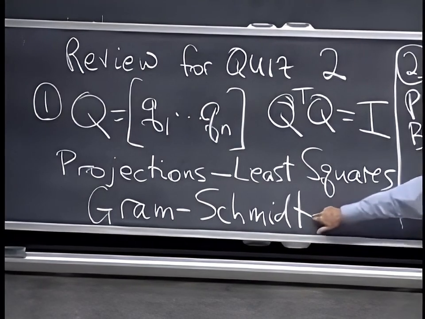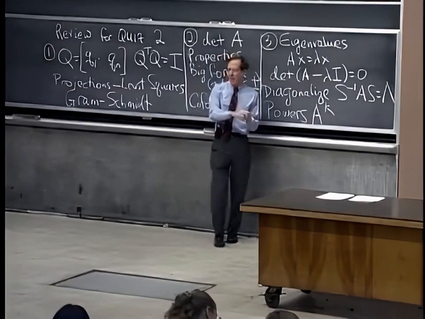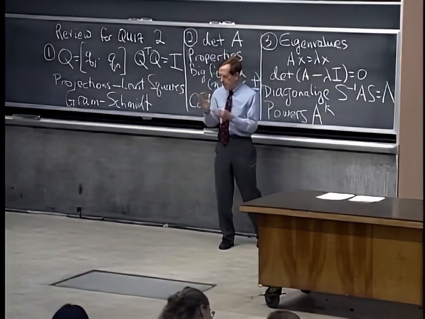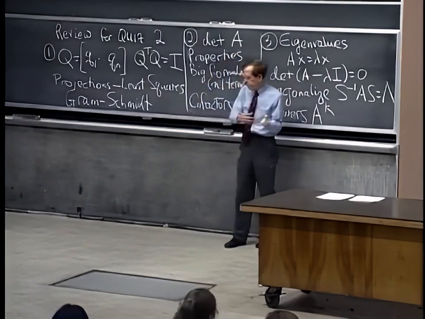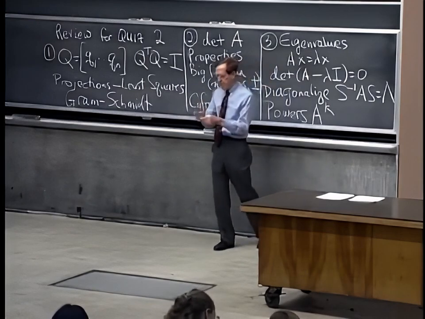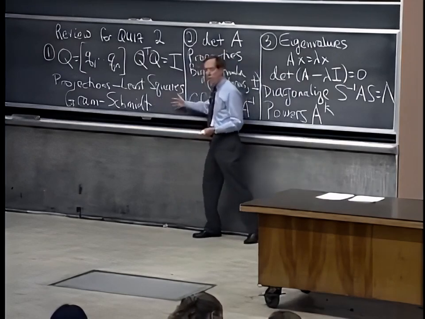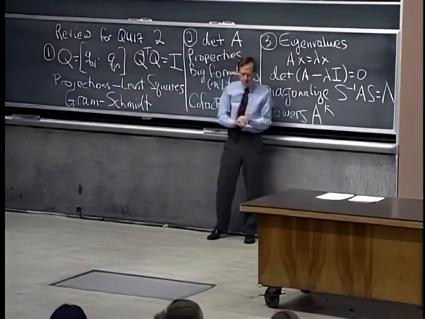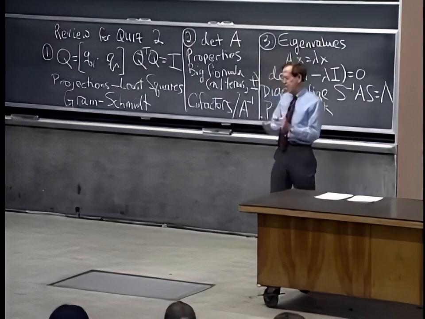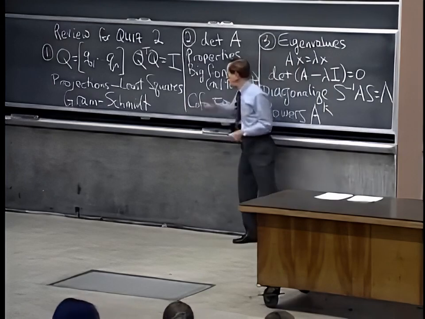And then finally, this Gram-Schmidt idea, which takes independent vectors and lines them up, subtracts off the projections of the part you've already done so that the new part is orthogonal, and so it takes a basis to an orthonormal basis. And those calculations involve square roots a lot because you're making things unit vectors, but you should know that step.